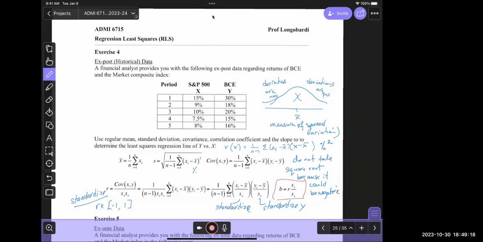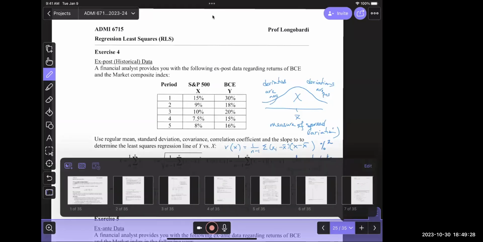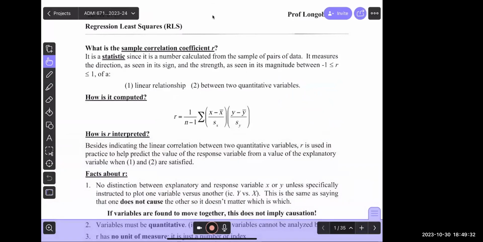All right, so I wanted to do that just so you keep sight of where we're heading, but back to the beginning. So R is a measure.